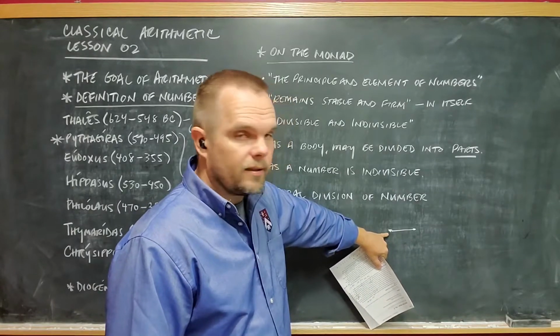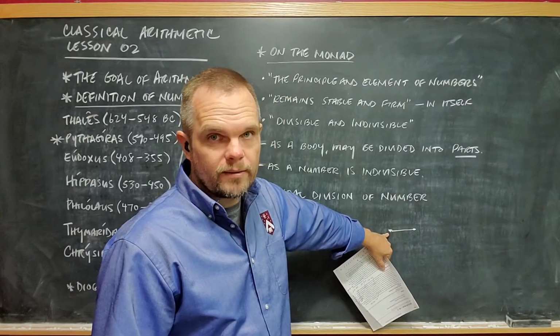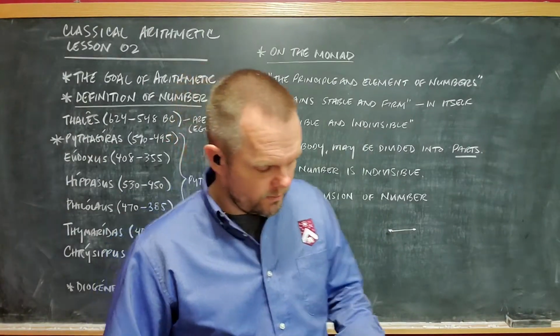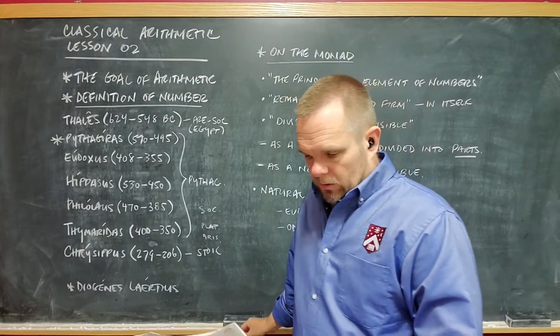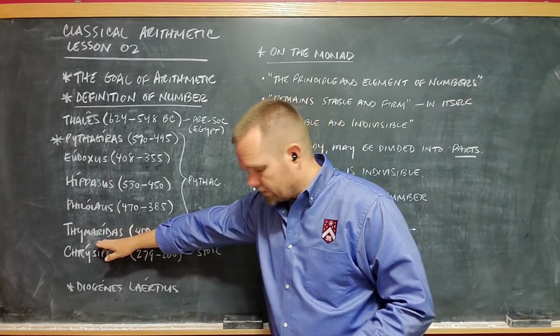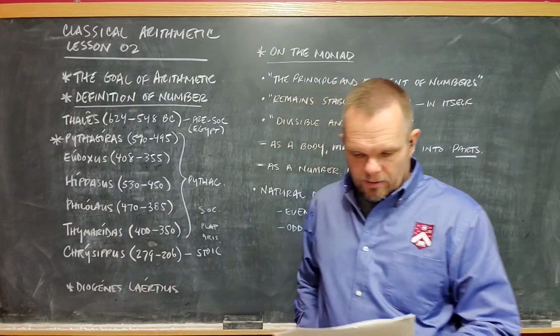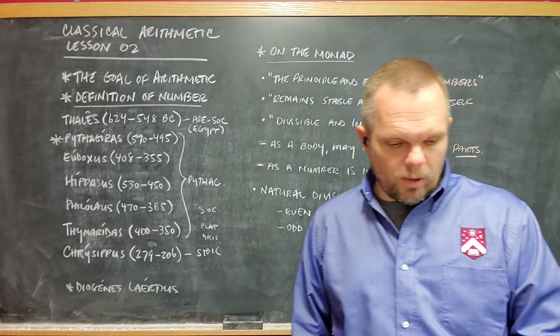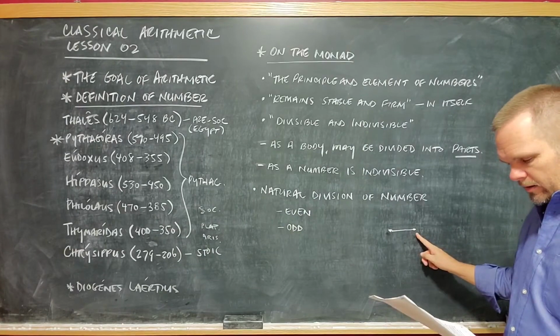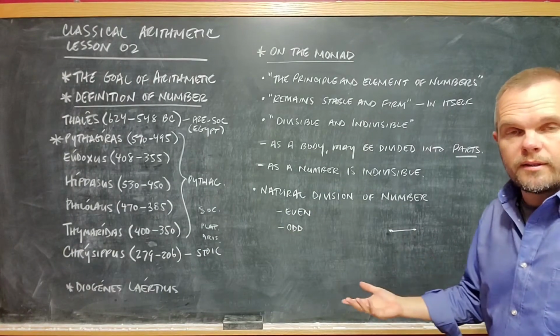So the monad is the bounding quantity. All right, that's where this idea of bounding quantity comes from. So just to repeat that, Pythagoras said that the monad is bounding quantity since the beginning and end of everything is called a bound.